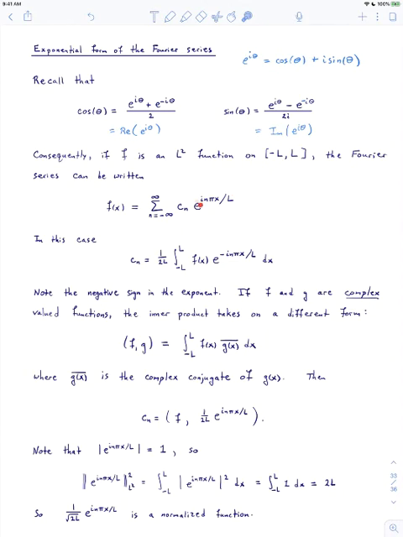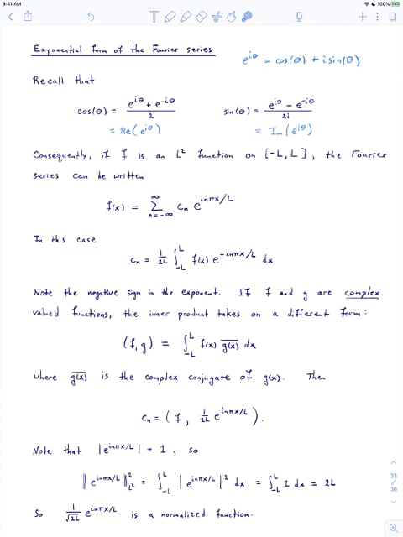Well, not integers exactly, but e to the i times an integer times pi x over L. So you end up with all of these negative numbers here. So for cosine you have negative numbers, for sine you also have negative numbers. So for that reason n has to be negative, or at least you have to allow for negative values for n. So you have this doubly infinite sum now.